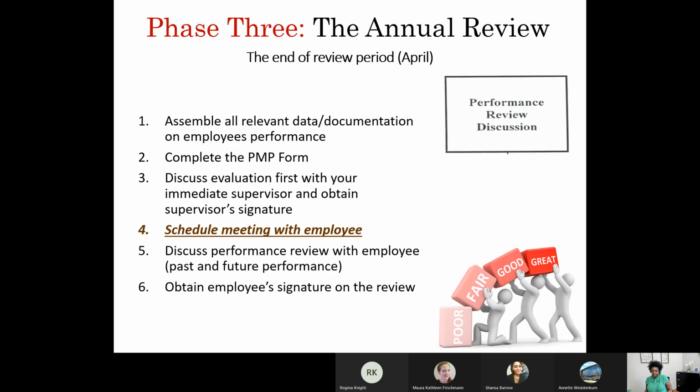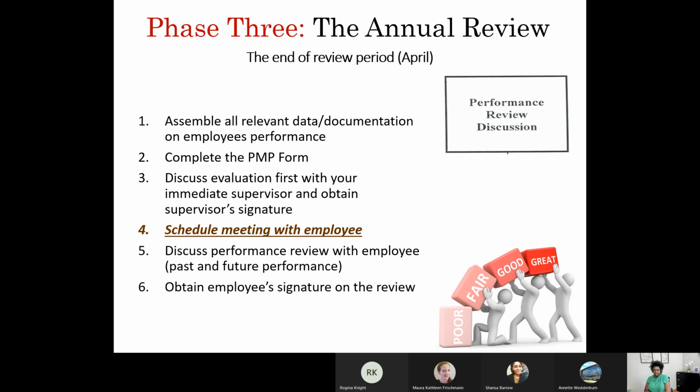Now you're at the end of the period. This is April, and you are assembling all the relevant documentation. You're completing the form now, and you're discussing the evaluation with your supervisor, because there's a spot for the signature of your immediate supervisor. You sign and they sign, and then you schedule a meeting with your employee.